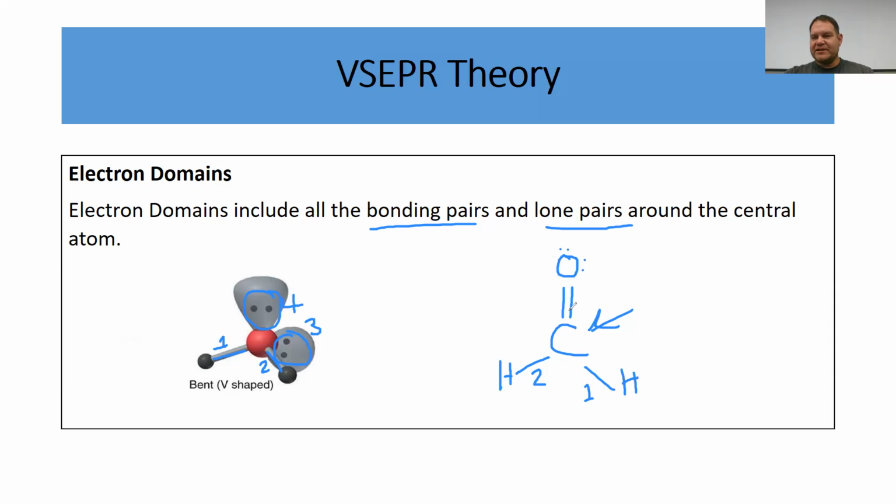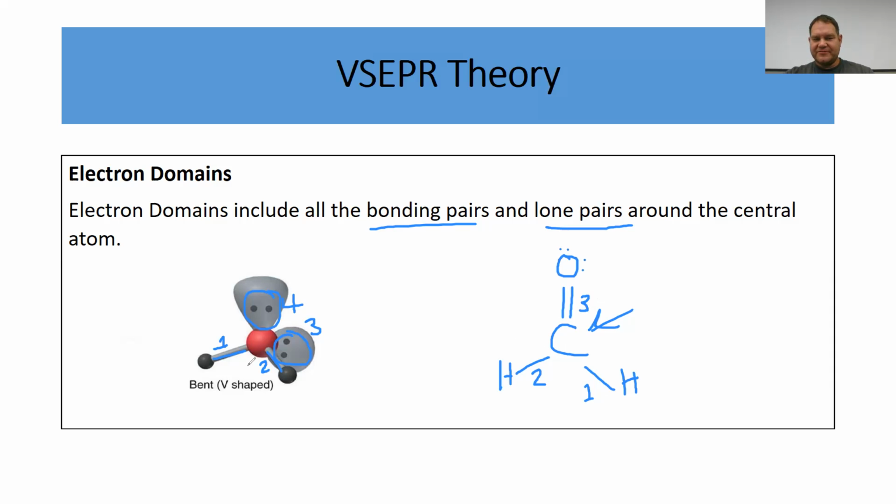What we're going to do is consider a double bond as one domain. We're not going to separate a double bond into two domains; we're going to keep it all as one domain. That also goes with the triple bond. If we have a triple bond, it is also only going to be counted as one domain. So in reality, we have essentially three domains in this molecule.